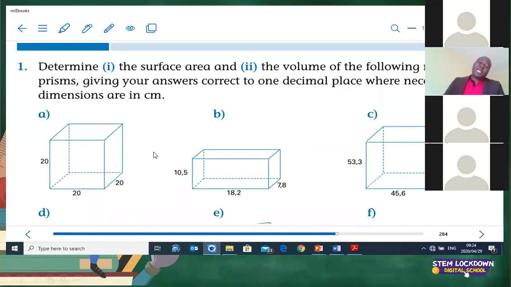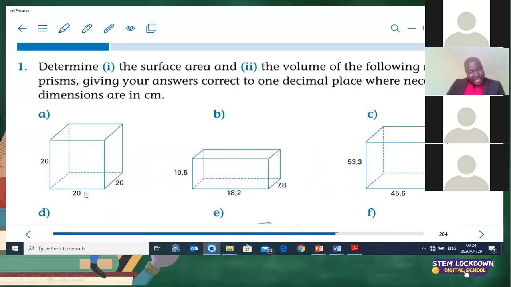Where all sides are equal, the surface area becomes easy to calculate, because you just calculate the surface area of just one face, and once you have done that, you multiply it by 6.